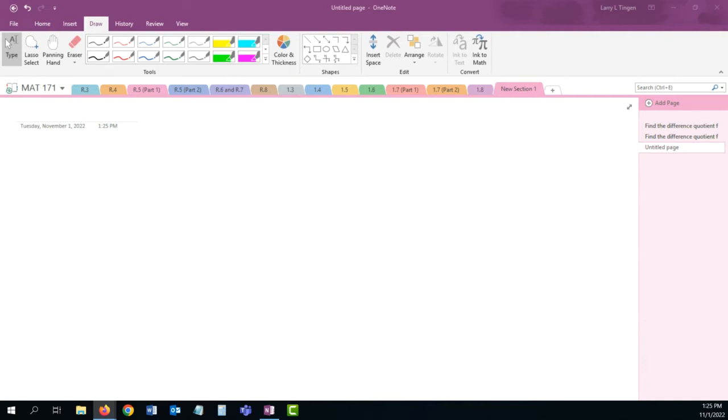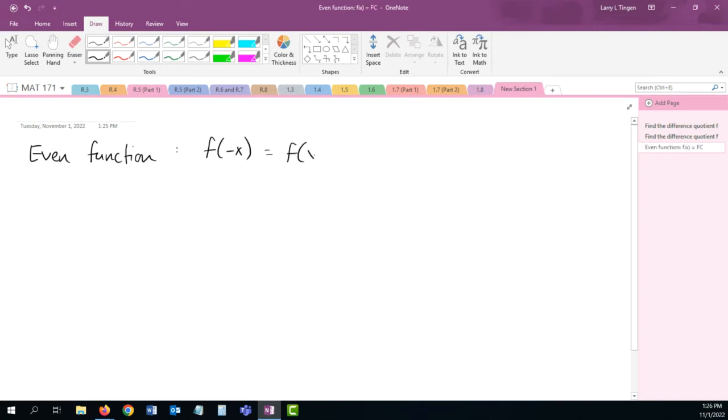So even and odd. Even functions have the feature that if I plug in negative x into my original function, I end up with the function that I started with.